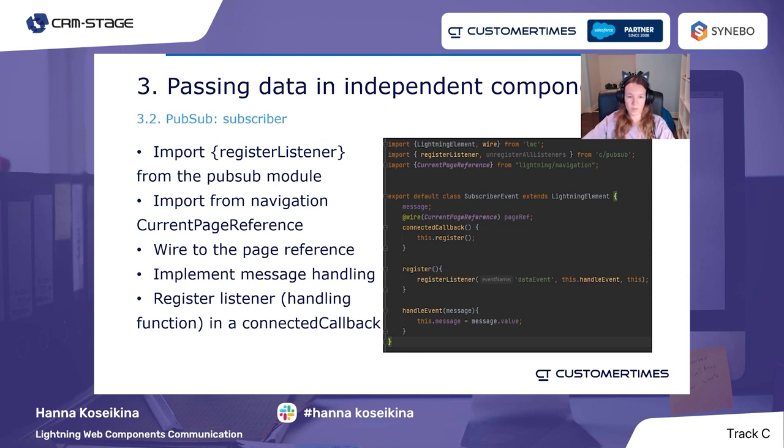So it looks pretty much the same as how it was done for Lightning Message Service, where we were subscribing to some channels, and here we just register a listener. We pass the event name so that we know for which event this listener is used. We pass the method which is used for handling the data, and we pass the context.